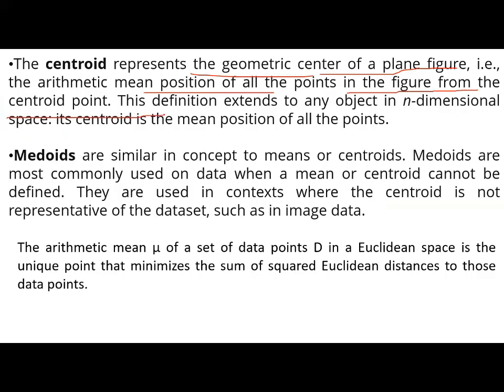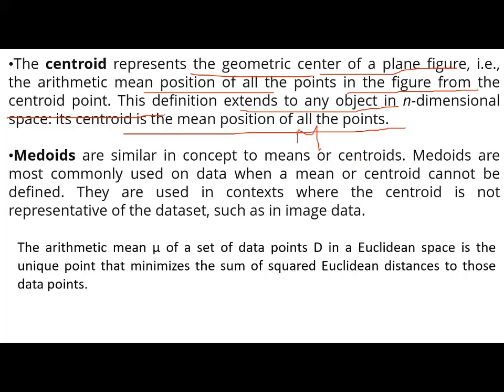This definition extends to any object in n-dimensional space. Its centroid is the mean position of all points. The mean position of all points is called centroid.